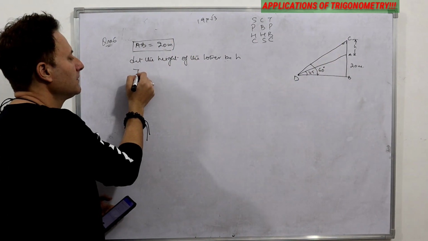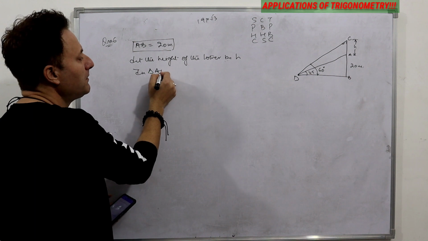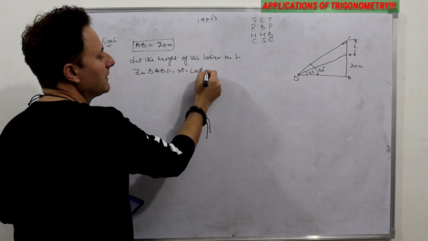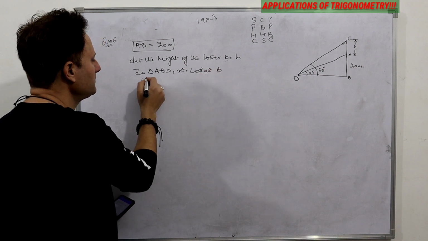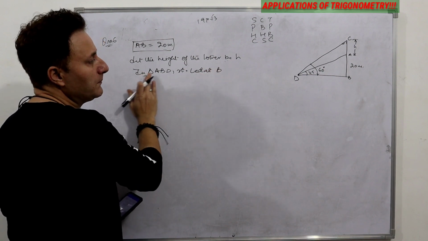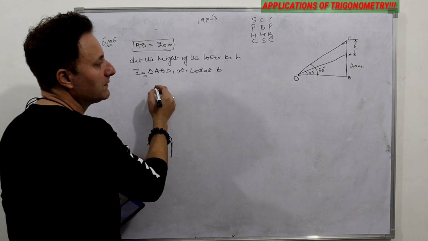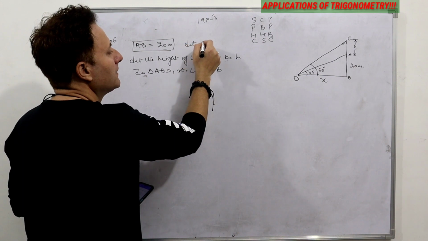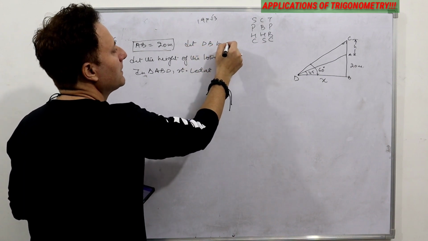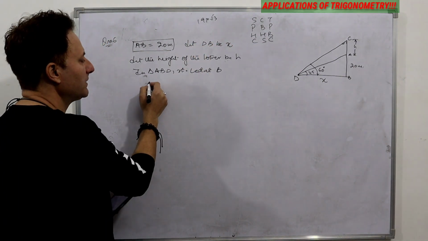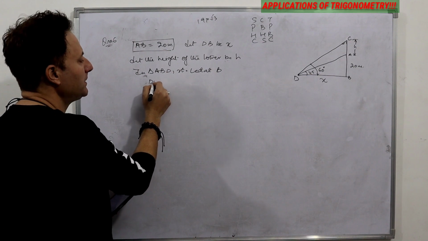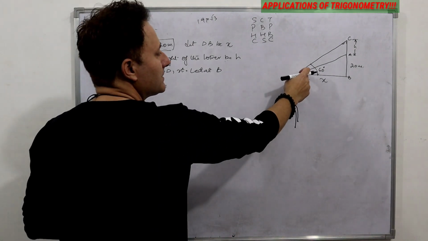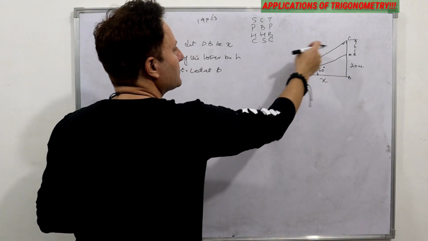So let's say in triangle ABD, right angled at B. Now let DB be x. So DB upon AB is equal to, this is the angle, this is the base, this is the perpendicular.